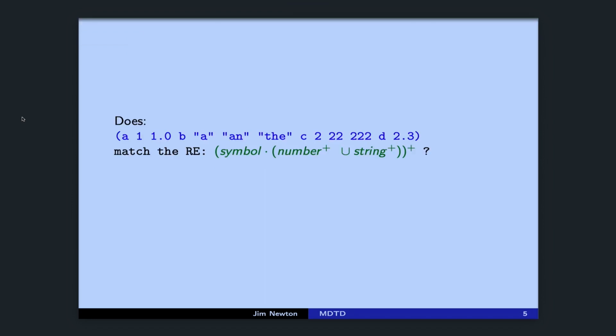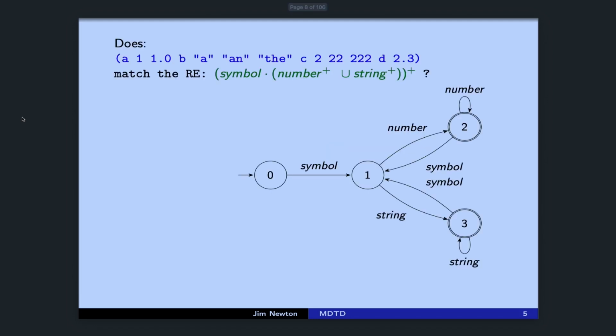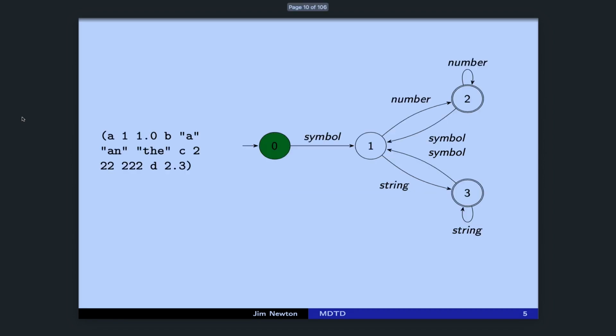So how do we know if a sequence matches this expression? Well, what you need is a finite automata corresponding to that expression. How do we create that finite automata? Ignore that fact for the moment and just assume that it's been given to us by God. And we want to know whether the sequence matches the regular expression in terms of a computation. So the way we do that is we start in state 0.